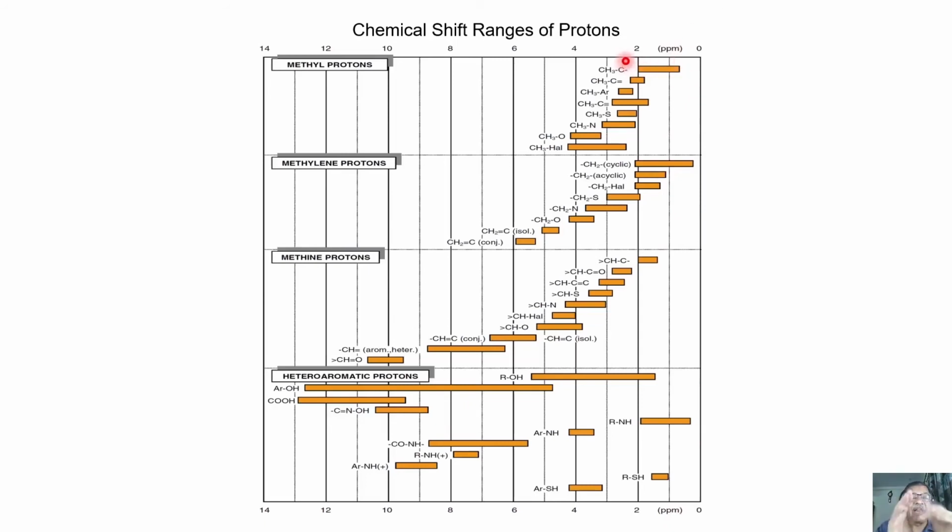So if you see a peak in this region in your NMR spectrum, first, your focus for the analysis should be to say this molecule may have a CH3 group. That should be your conclusion. Start with an assumption to make the assignment. It may so happen there may be a CH3 coming here.